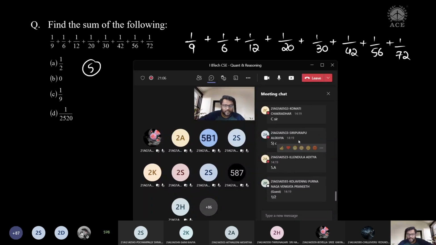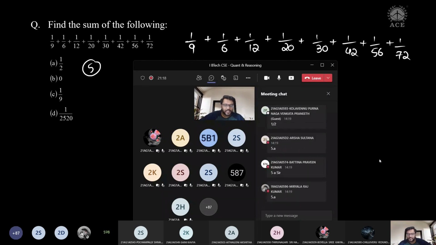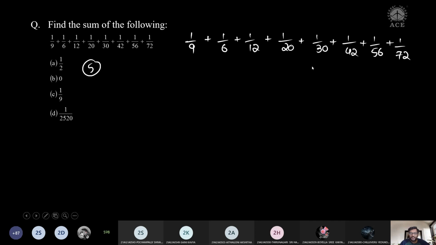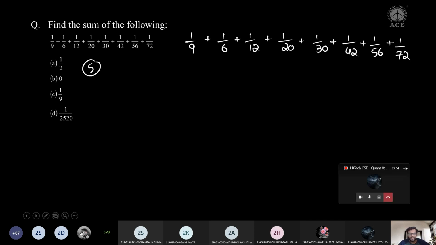Sultana given one answer and Alekia given answer. Aditya and Pranit, your answers are correct. Sultana now modified, good. Yeah, now it's correct, my dear friends. Praveen, good. Murial Raj, good. Option A, my dear friends, perfect. Yes, option A is correct, not C.